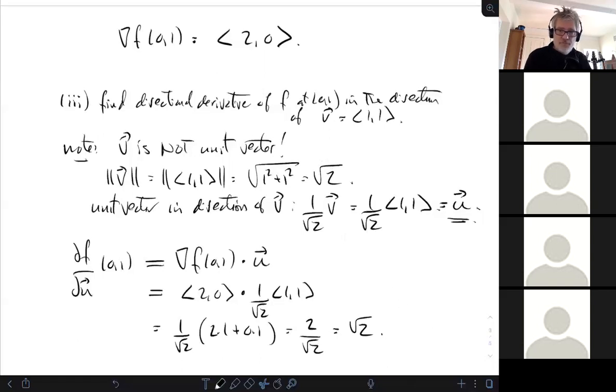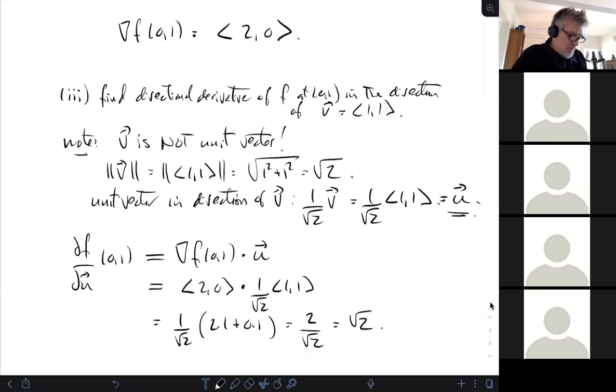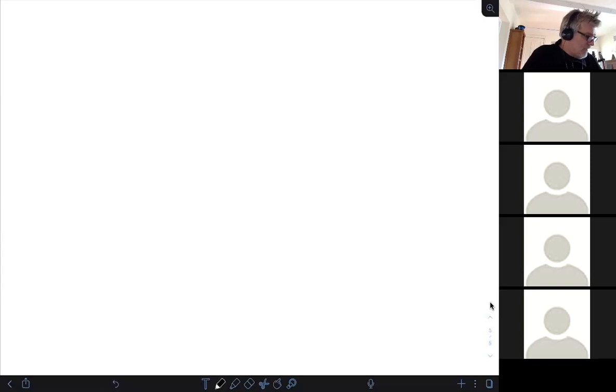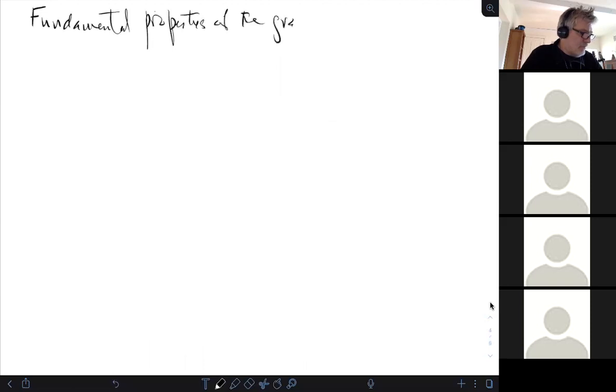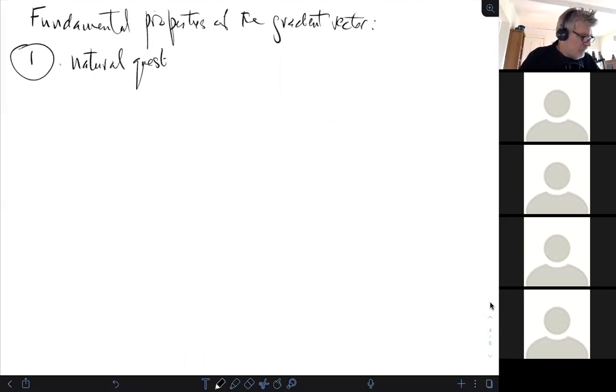And so let's see some fundamental properties of the gradient. Number 1. Okay, so here's a very natural question. This first property is actually very simple to figure out, okay?